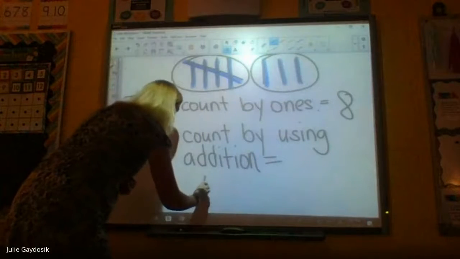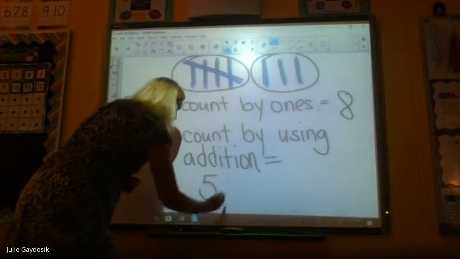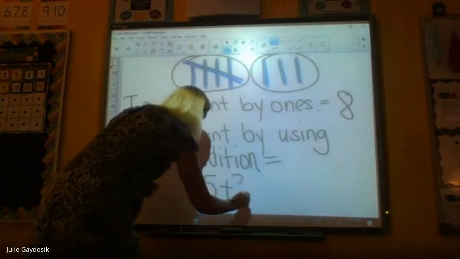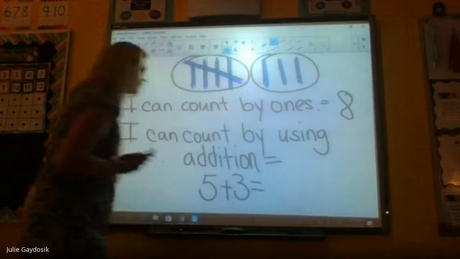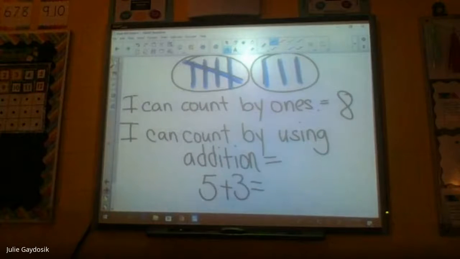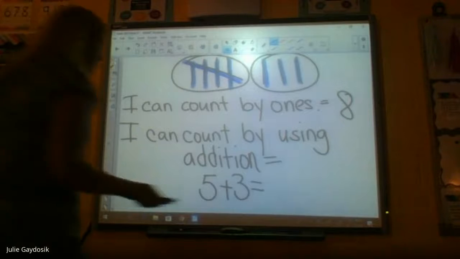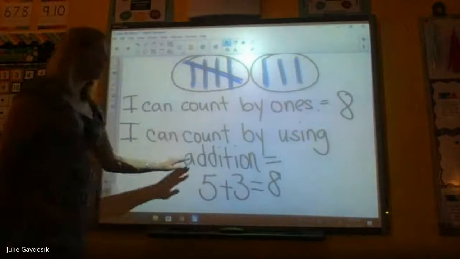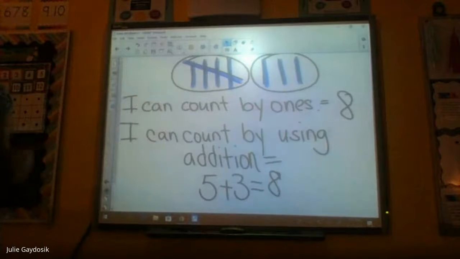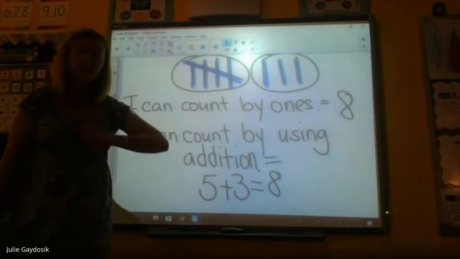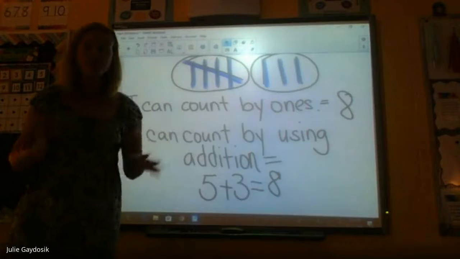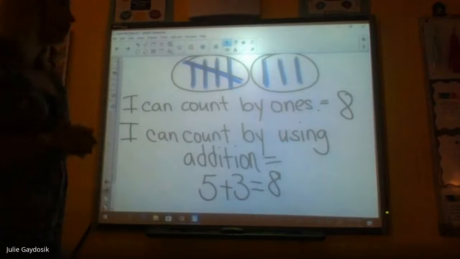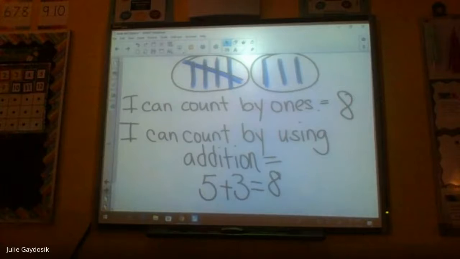So I'm going to take that group of 5 plus that group of 3 to see what I have. Now, what is 5 plus 3, boys and girls? That's right. 5 plus 3 is 8. So both of those are 2 different ways to count those tally marks. If you came up with a different way, that's even more amazing. I'm super excited to see or hear what ways you counted those tally marks.